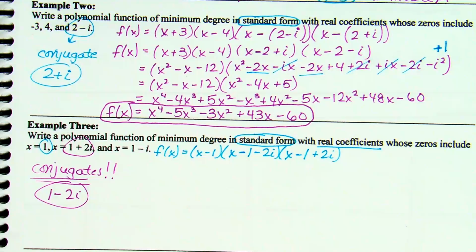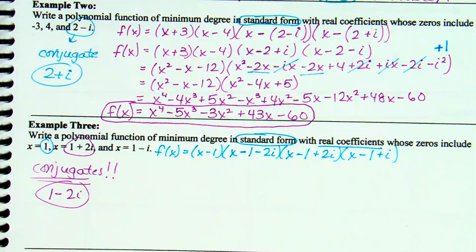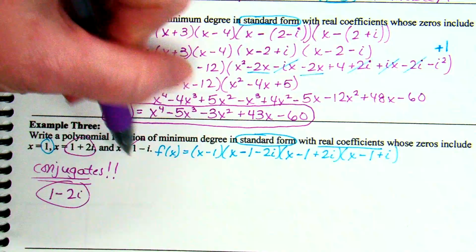Okay. What else? My next one is 1 minus i, so how do we express that? Okay. Minus 1 plus i, because we're changing those signs. Am I done? Okay, we need the conjugates. So the conjugate of 1 minus i is 1 plus i.